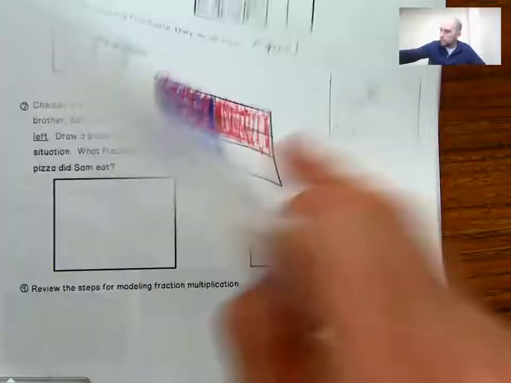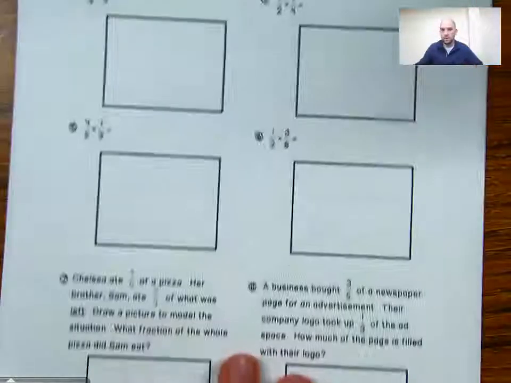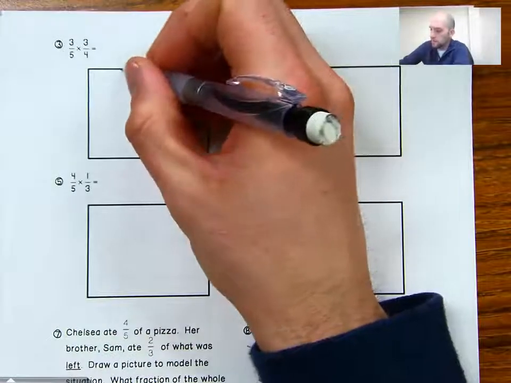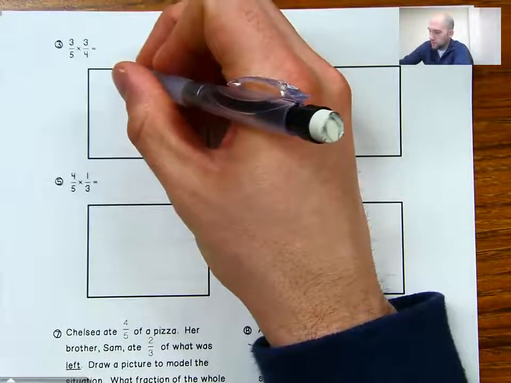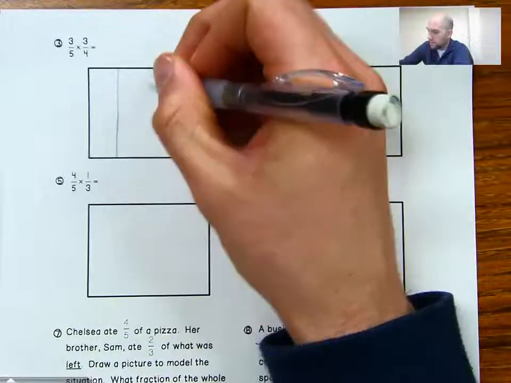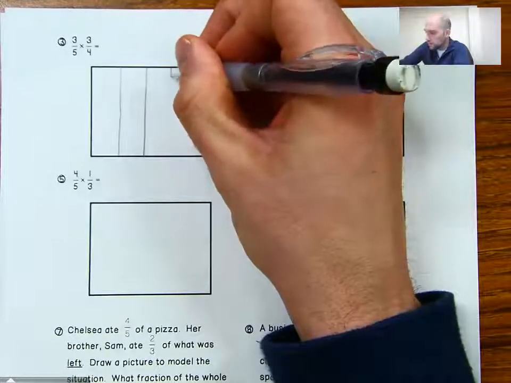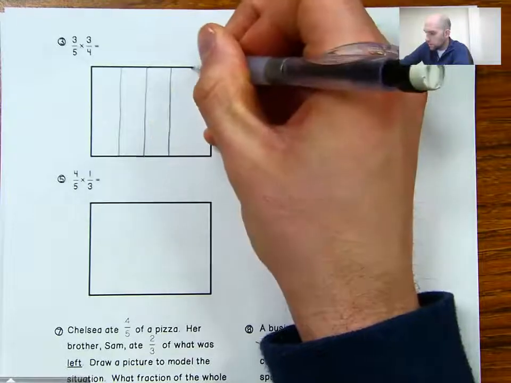Let's move forward here to number 3. We'll try a few more of these. We'll do number 3, which is 3/5 times 3/4. This time we'll have to make fifths, so we make 4 lines. 1, 2, 3, 4.